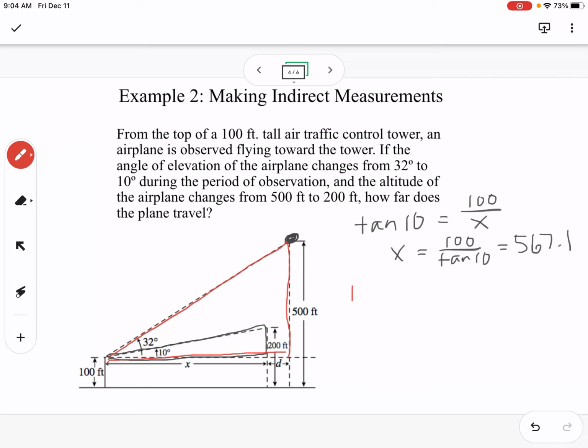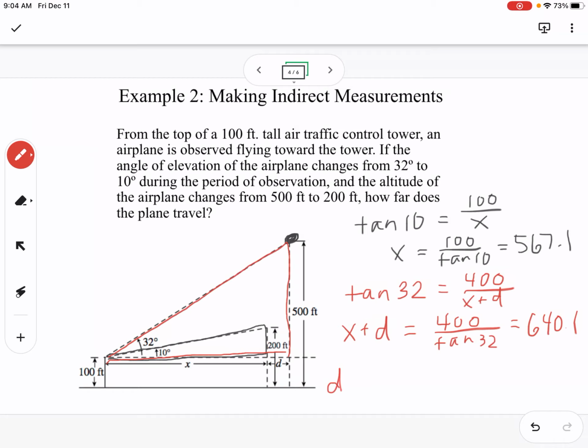So tangent of 32 equals 400 over x plus d. If we solve this the same way, we multiply both sides by x plus d, and then divide by tangent of 32. Sorry, my dog's being loud. Okay, x plus d would equal 400 divided by tangent of 32, which is going to be 640.1.